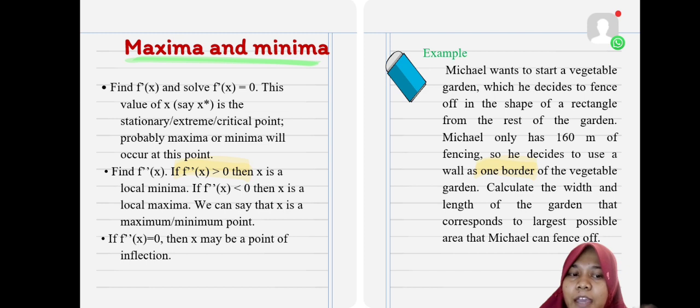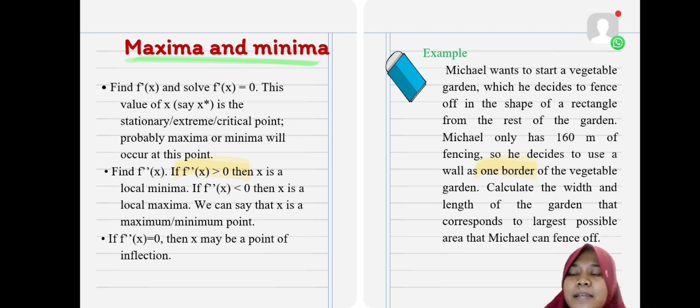If f''(x) is less than 0, then x is a local maxima. We can say that x is a maximum or minimum point. If f''(x) equals 0, then x might be a point of inflection.